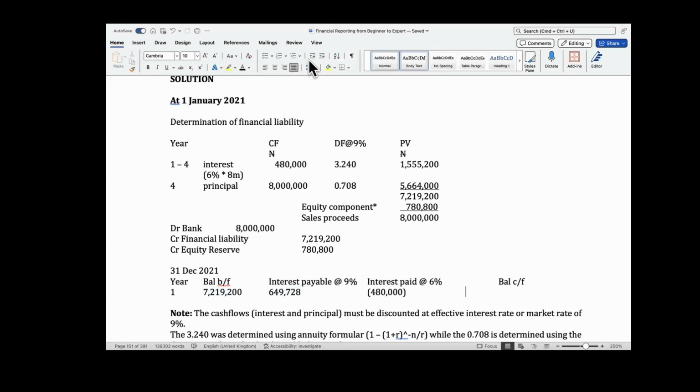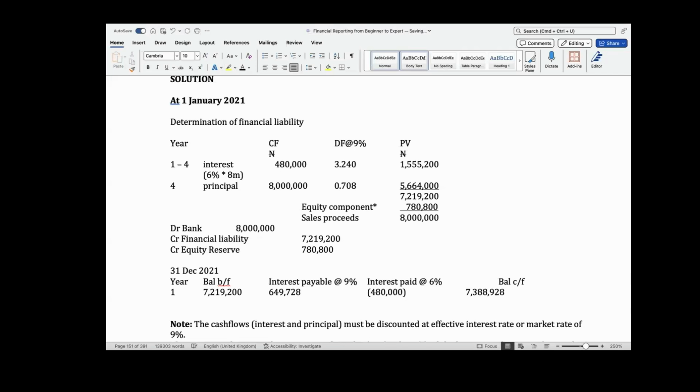Seven million 388,928. Okay. And that will be the value at the end of the first year. So, of course, you have to know how to do this because they can ask it in the exam for just the first year. And you need to know that this 649,728 will go to our P&L as finance costs.